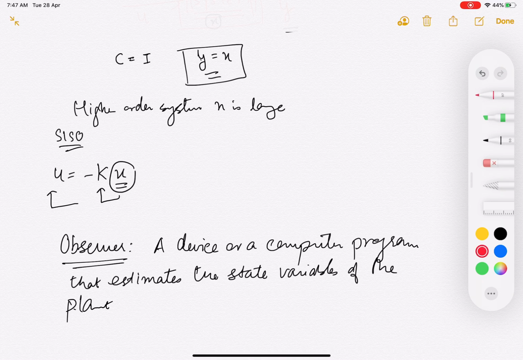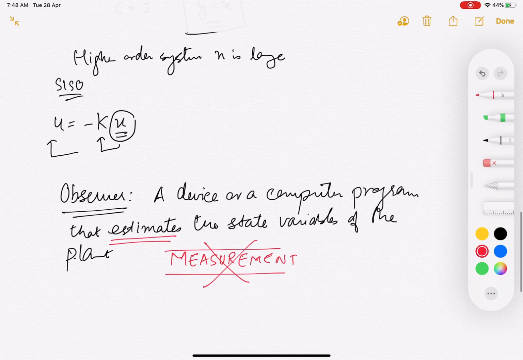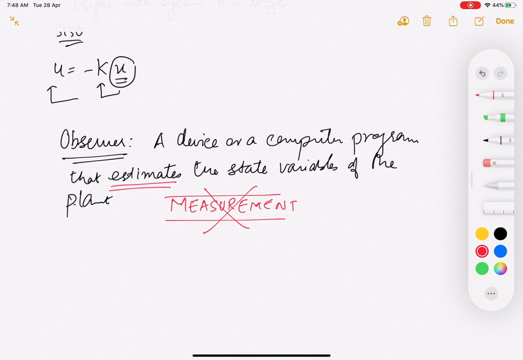So you don't measure them, right? There is no measurement. This is very important to understand the difference. There is no measurement of the state variables, in the sense that you don't have any sensors that you can couple to the plant to measure all the state variables, but you have an estimate.